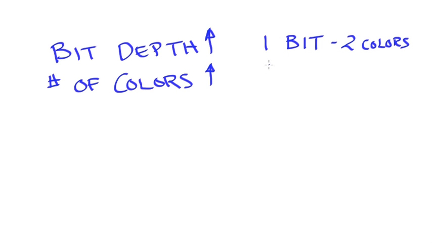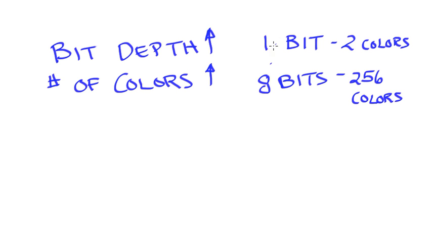I can have 2 and 4 bits, 8 bits. If I had 8 bits, I can have 256 colors. So if we were dealing with a single channel, grayscale image, I could have 256 shades of gray going from white to black.